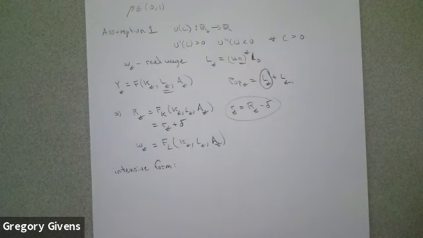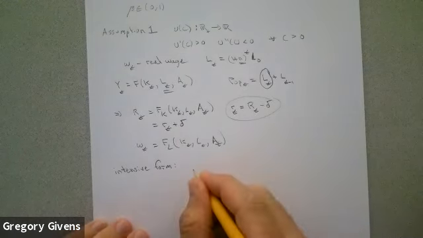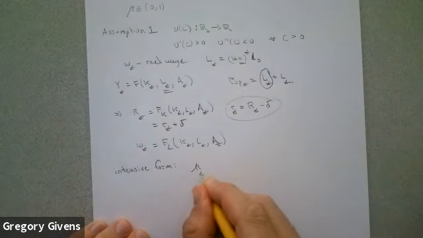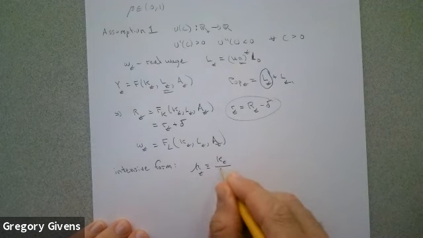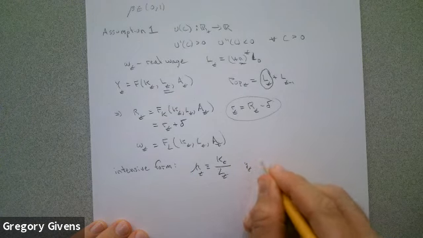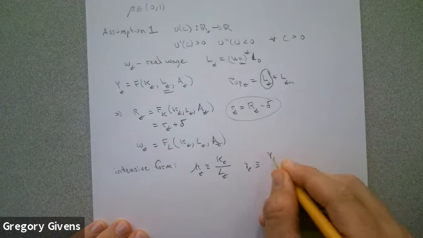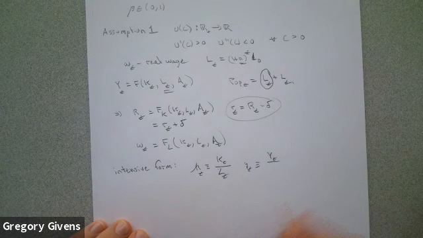We are going to work with per worker variables, not per capita. So we're going to define our lowercase k in this model as aggregate capital divided by the current workforce, L_t. Output per worker is an economy's total output divided by the number of workers, not by the whole population.